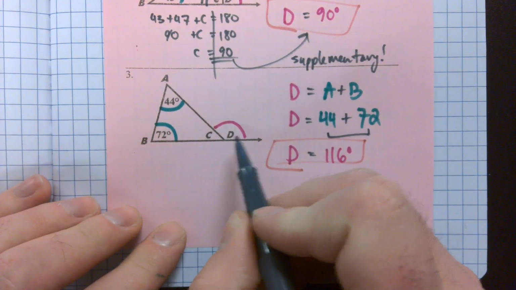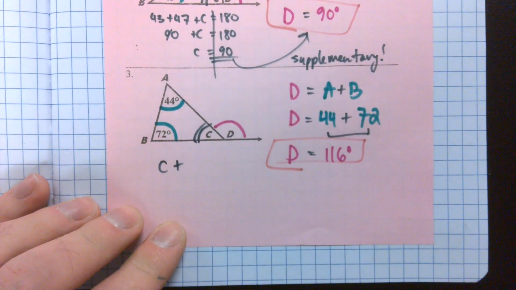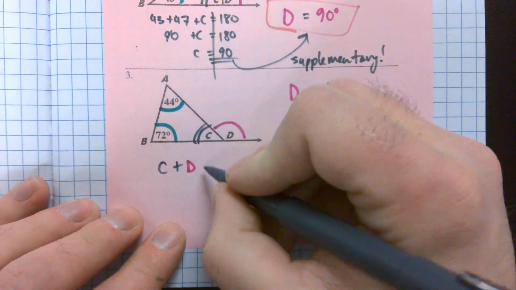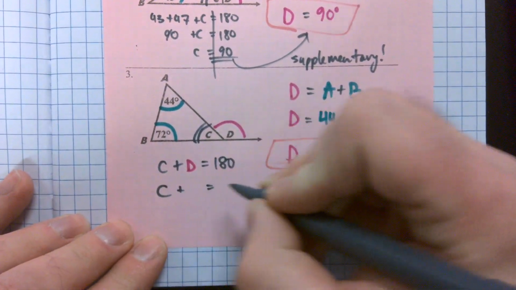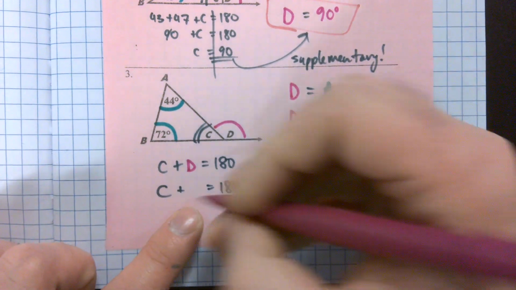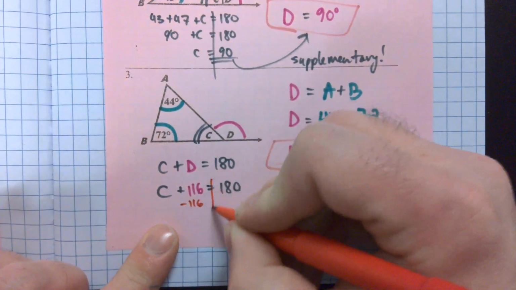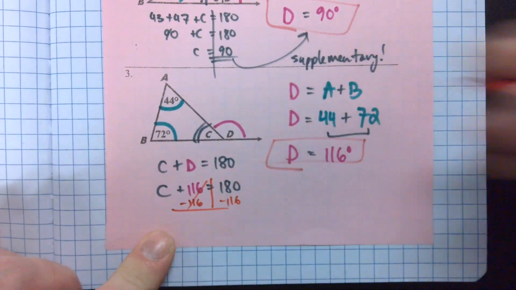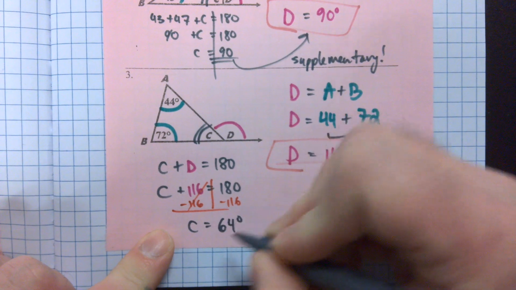Okay, we also note C and D are supplementary. So C plus D equals 180. We just found that angle D is 116. So if we subtract it from both sides, we could find the measure of angle C, which is 64 degrees.